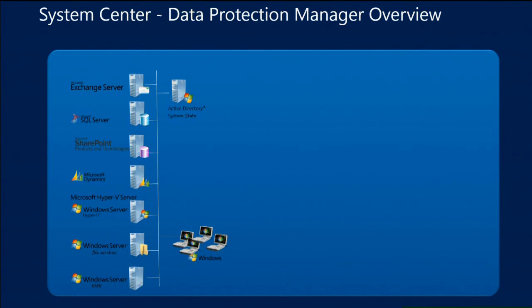As you can see on the left pane here, DPM can protect various Microsoft workloads like Exchange, SQL, SharePoint, and VMs over Hyper-V, and we can also protect the clients. DPM can back up as frequently as every 15 minutes.